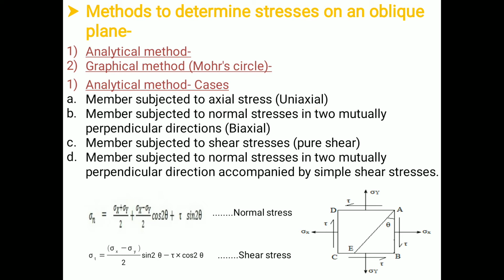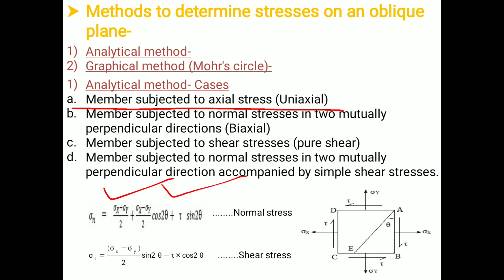If I consider the value of normal stress for case number 1, and assume that the stress is acting along the x direction, then the value of sigma y will be 0. The value of tau will also be 0, because in case number 1 a member is subjected to axial stress only, uniaxial, only one stress is there.